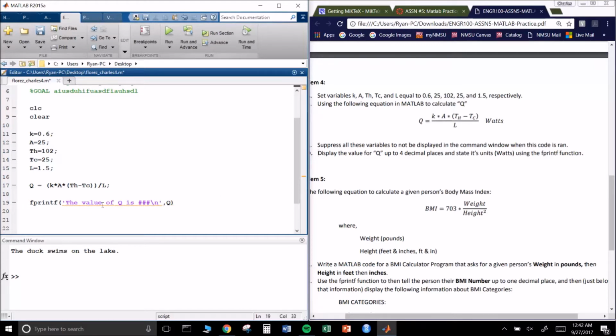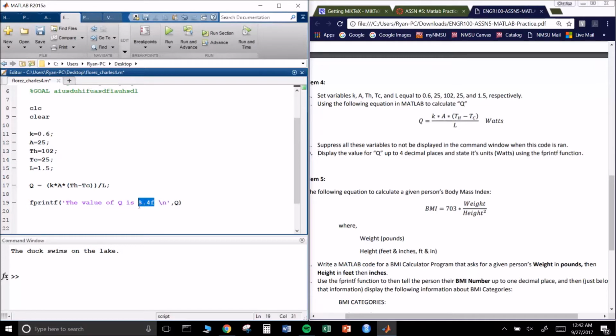Oh, it doesn't like the, so the way that I'm going to do it is like this.